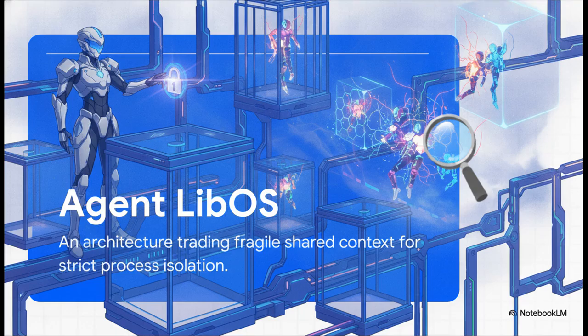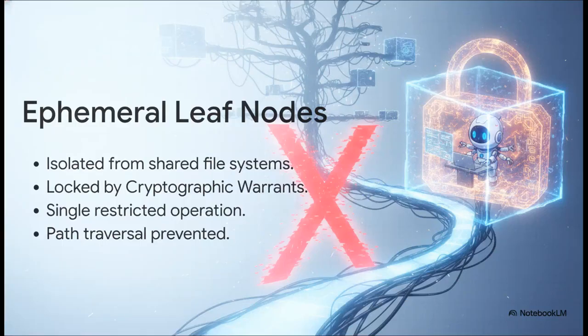This is the ultimate cage, designed to securely lock down multi-turn AI agents, the Agent LibOS. It's an elegant, entirely new physical architecture that forces us into a hard trade. We have to trade the fragile, shared execution context of those dangerous legacy systems for strict, uncompromising process isolation. And this whole setup brilliantly illustrates how that new paradigm actually operates in the real world. In this framework, agents aren't just floating around a shared file system willy-nilly anymore.